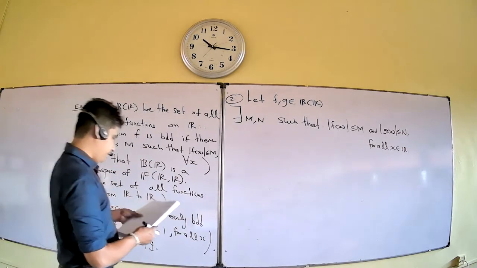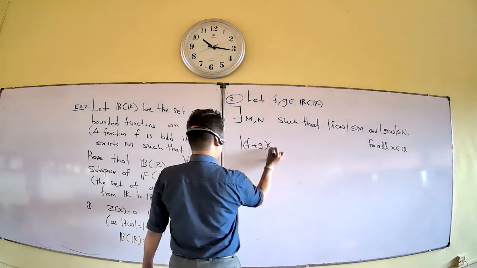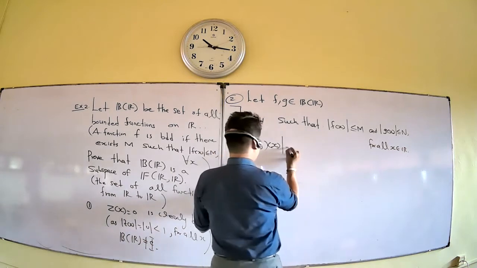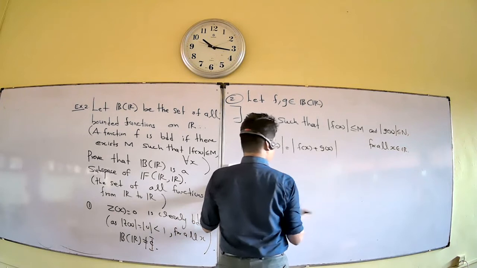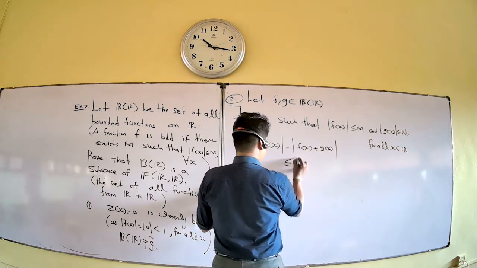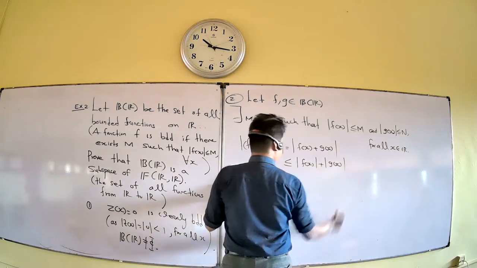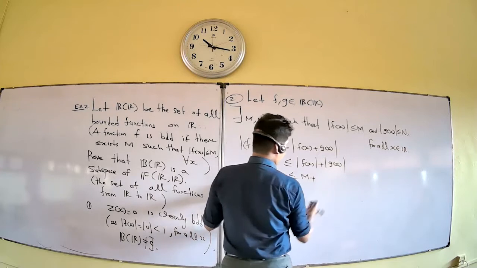So my claim is, you take this one, (f + g)(x). You can use the triangle inequality for this part. This is f(x) plus g(x), so |f(x) + g(x)| ≤ |f(x)| + |g(x)|. f(x) is less than or equal to m since it is a bounded function, similarly g(x) is also a bounded function with n.